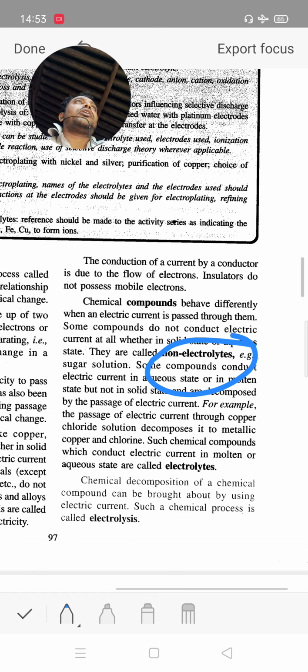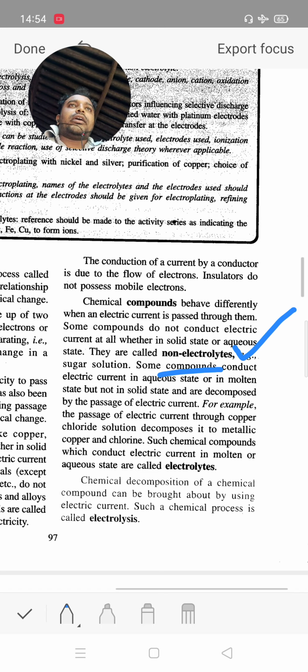Now students, non-electrolyte. Non-electrolyte means any chemical compound which does not conduct electric current, in a solid state or in a liquid state.